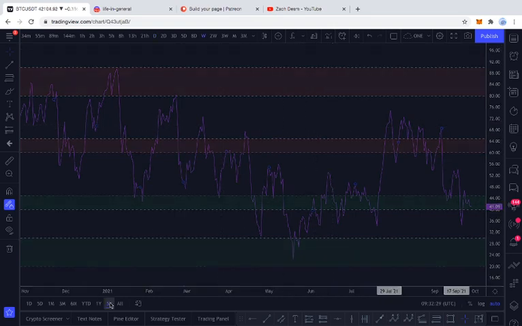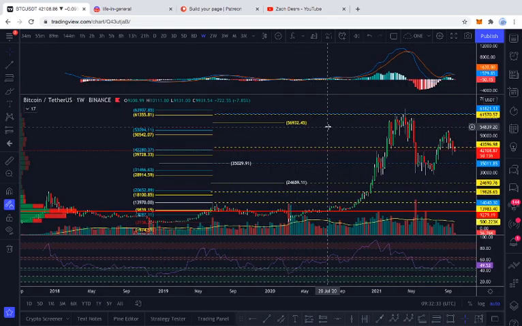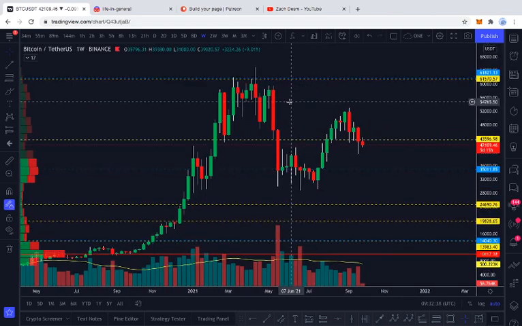And I just want to show you guys how well it works with other indicators such as Fibonacci retracements. But if you just use this RSI and focus on it, I believe you will be profitable.